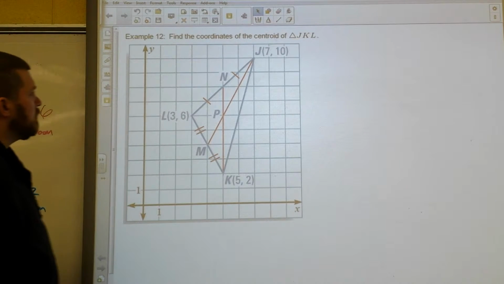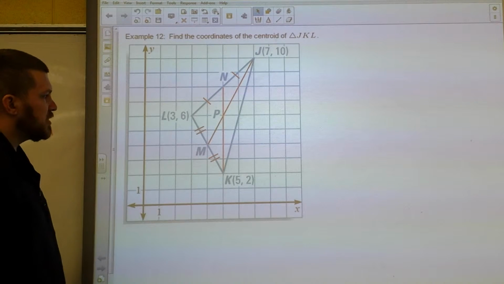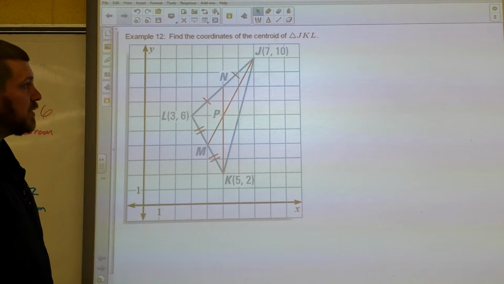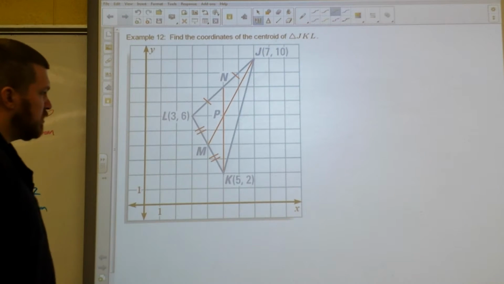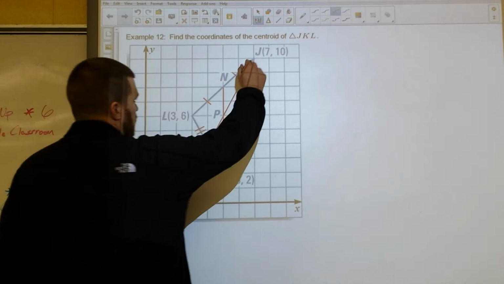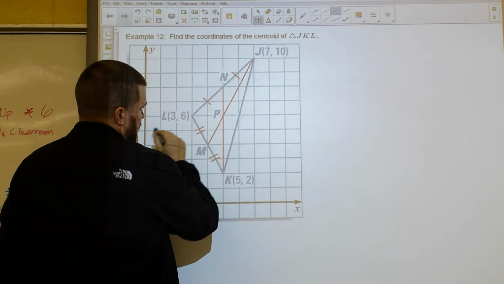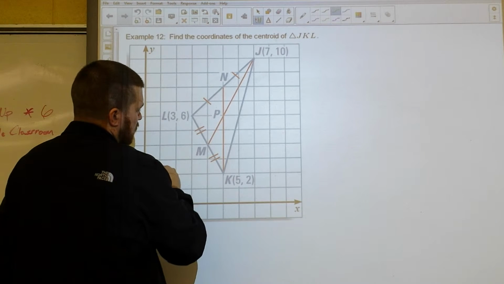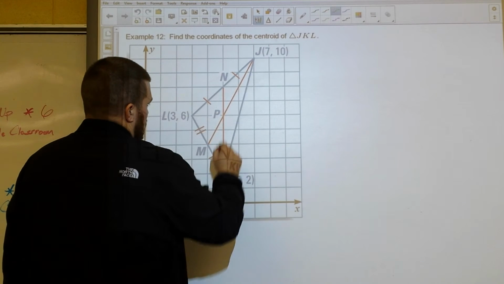Okay, so another example. In example 12, we want to find the coordinates of the centroid. We know the centroid is the point where the medians meet up. First, here's a median right here, and then I'm going to draw the other median, which goes to the midpoint of the other side.